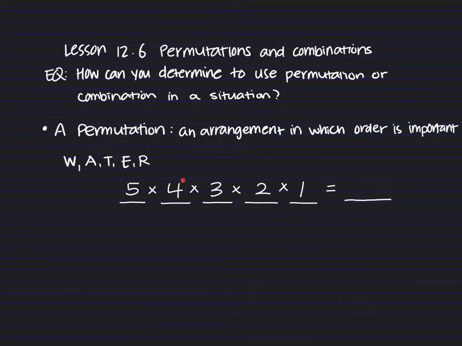If I use something for the first 2, I only have 3 left over, and so forth. So when I multiply these numbers, 5 times 4 is 20, 20 times 3 is 60, 60 times 2 is going to be 120. So my final answer is 120, and that's the number of options that I'm going to have.